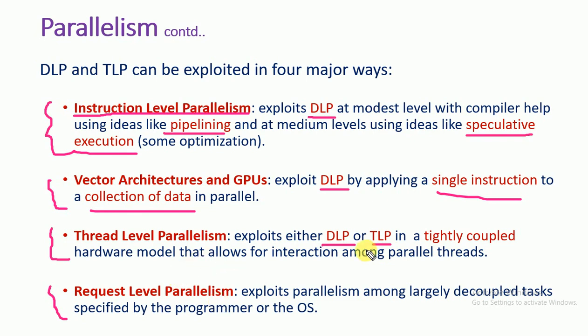So thread level parallelism is for tightly coupled tasks, but request level parallelism is for decoupled tasks, because separate tasks are to be executed in parallel. Here thread level parallelism is tightly coupled, meaning similar, related tasks are executed in parallel. So these are the different ways to implement data level parallelism and thread level parallelism. They are applied in these various situations.